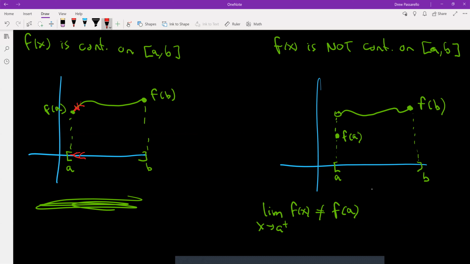So this is as x approaches a from the right, so that's where the plus sign comes, the y-coordinates approach the y-coordinate f of a.